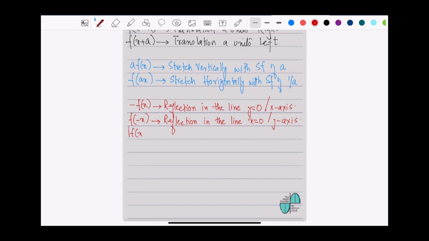So modulus of f of x means reflection in the line y equals 0, but only of the negative part of the graph.